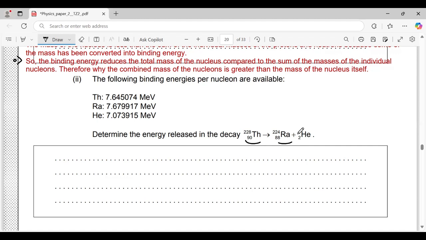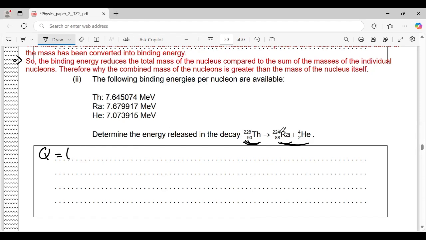To get the energy release Q, it is the binding energy of the products minus the binding energy of the reactant. The products are radium and helium, and the reactant is thorium. Now we are going to calculate that.